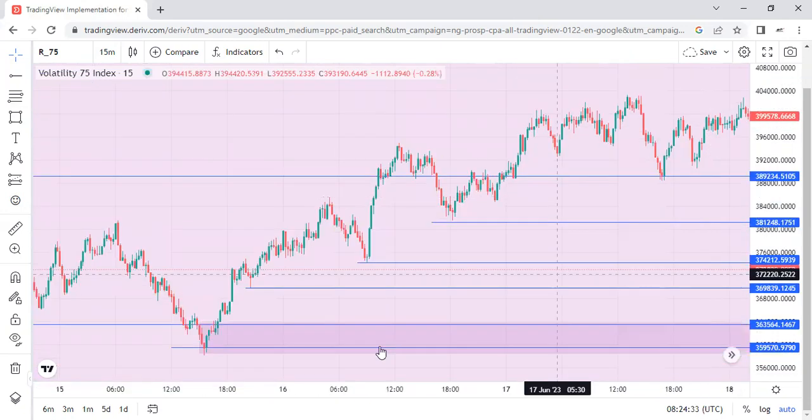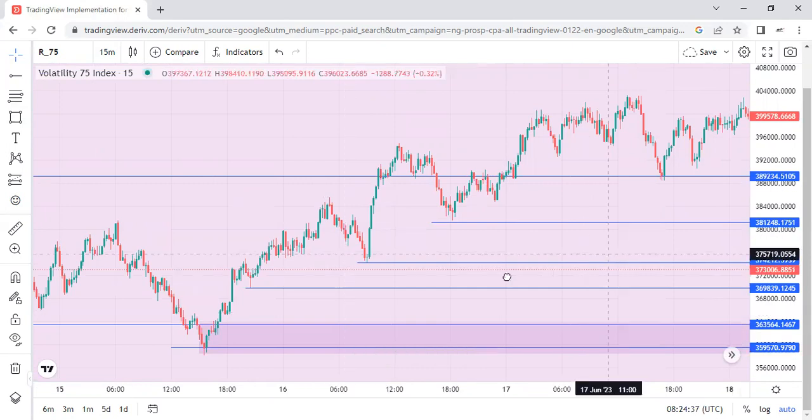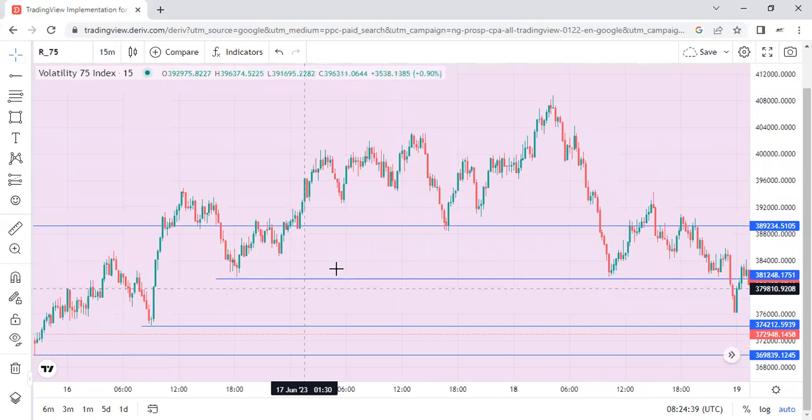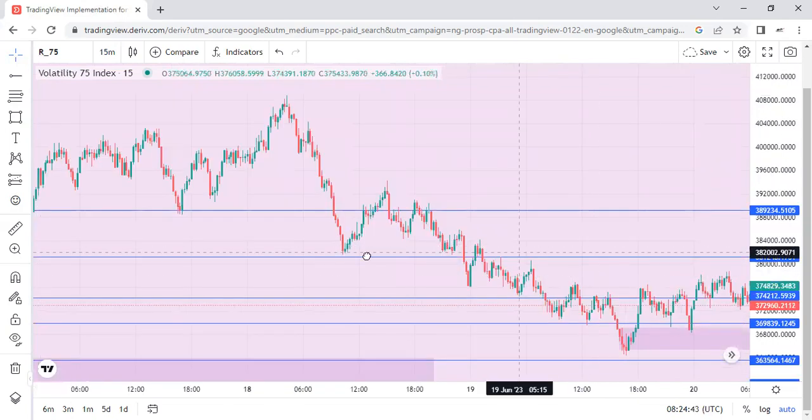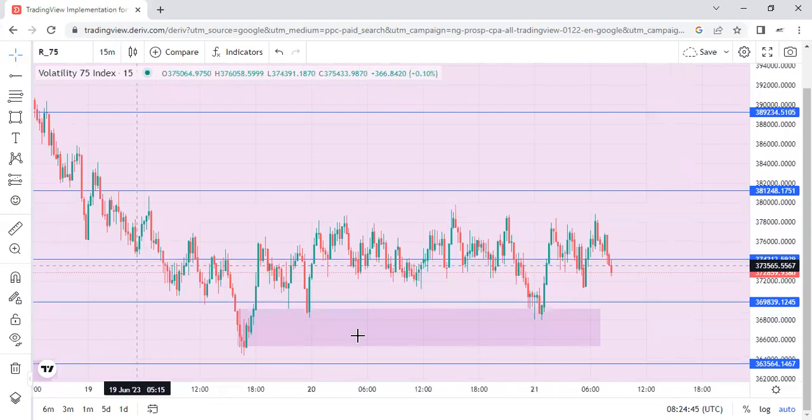So we have two order blocks that we're supposed to use. Now the 15-minute time frame is going to validate which order block to use. So if you are so confused about which order block, you go to the 15-minute time frame, that is going to validate which order block to use.